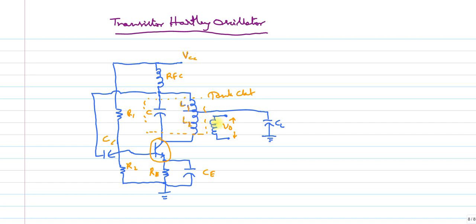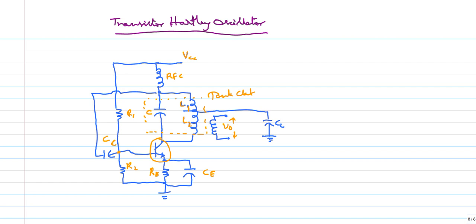From the second inductor we take the output voltage, and the midpoint of these two inductors is connected to ground through CL. CC is the coupling capacitor, the same thing we have seen in the Colpitts oscillator.